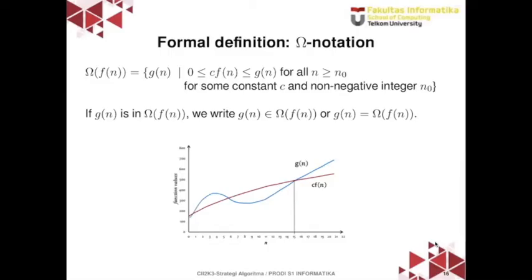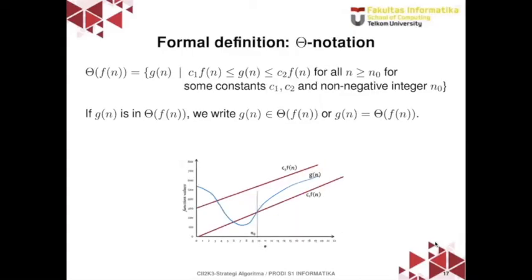So like the previous one, we don't care how Gn behaves before that, but after some point, Gn is always above Cfn. That is what we care about in big omega notation. We can use a similar notation to say that Gn is in big omega Fn.